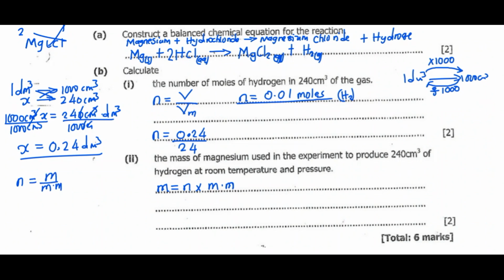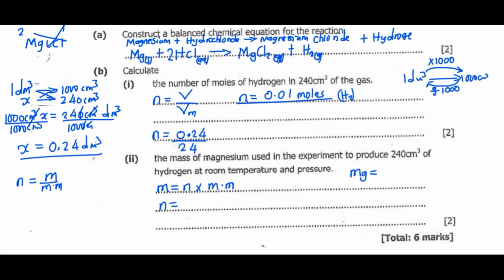So this tells us that we need the number of moles of what? Magnesium. So how can we find the number of moles of magnesium? We need to look at the mole ratio for hydrogen, because we have the number of moles for hydrogen. Then we'll use the moles for hydrogen to find the moles for magnesium.